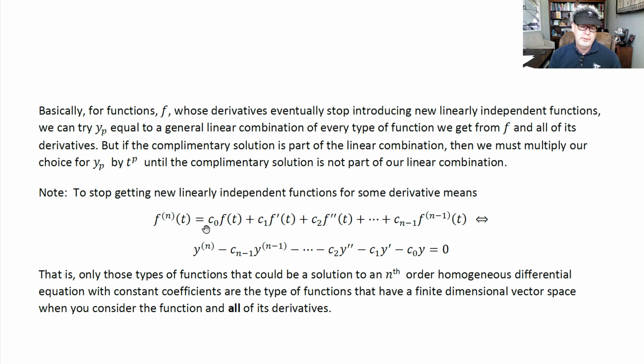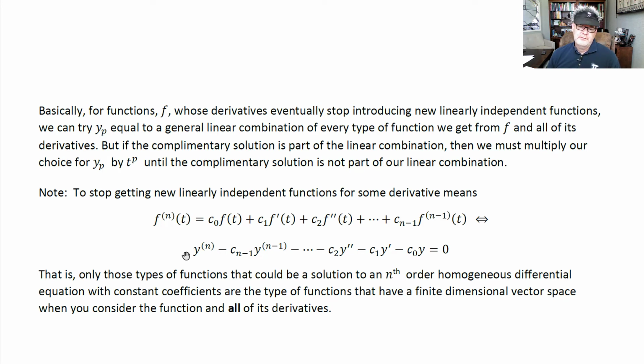So if you didn't get a new function, then the next derivative is some combination of the previous function and its derivatives. If I change f to y, you can move everything over, and now you have an nth degree homogeneous linear differential equation with constant coefficients.